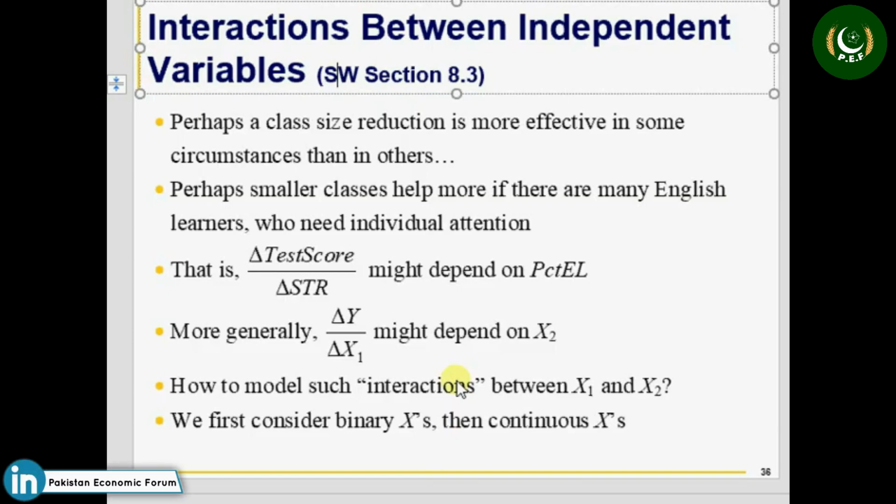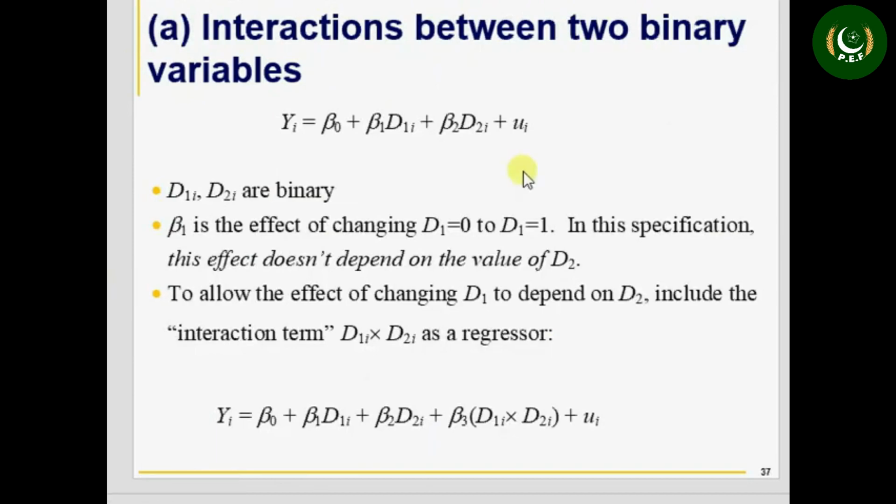In binary interaction, there is change only in intercepts. In binary continuous, you will have a slope change, and in continuous, you have the same intercept, different slopes. So let me take the very first one, binary.